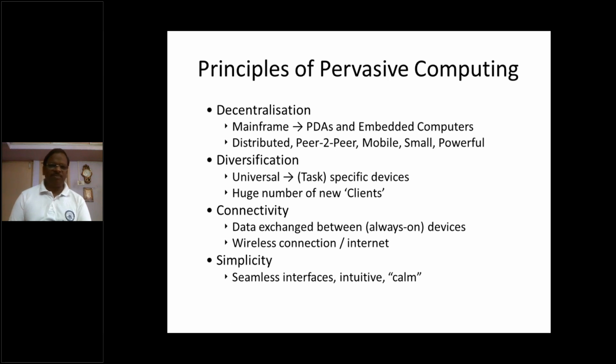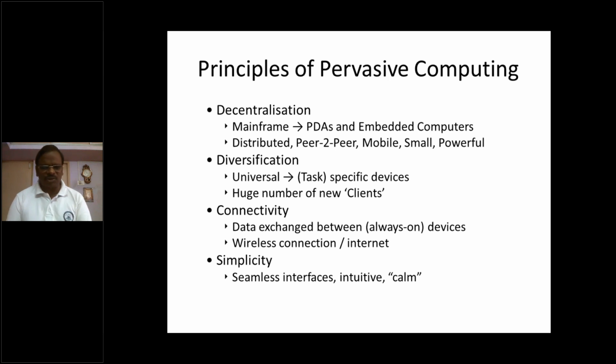Then diversification means there are two kinds: universal and a huge number of new clients. For the universal, the task must specify some devices. Then only a large number of new clients are universally adopted by using diversification. Okay, then what is connectivity? Data exchange between always-on devices.